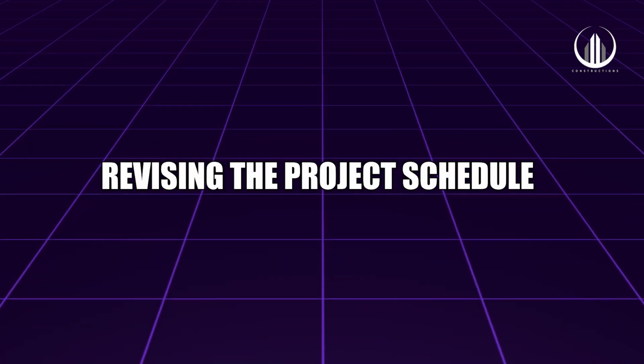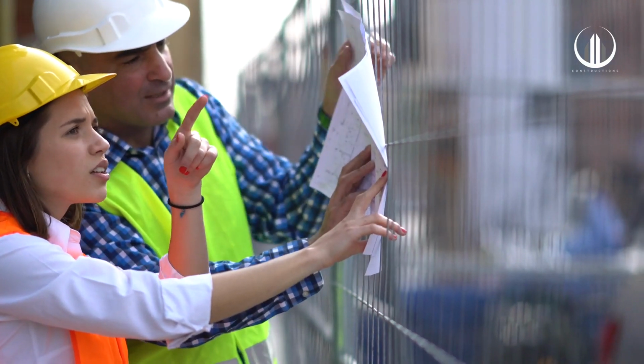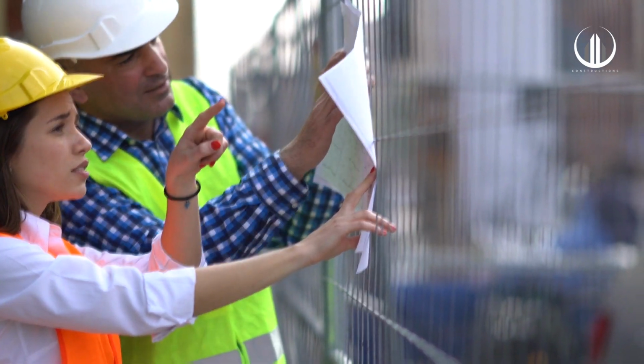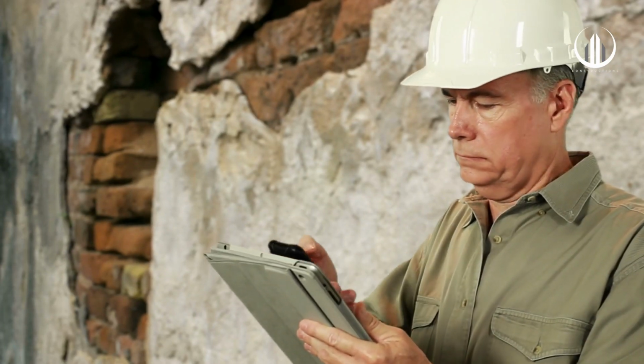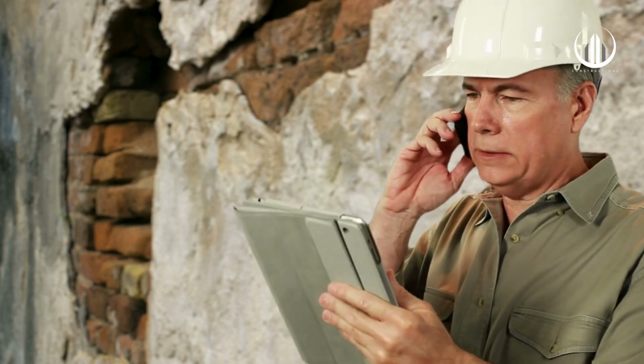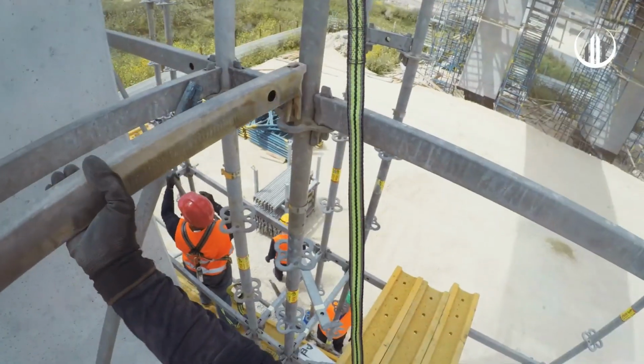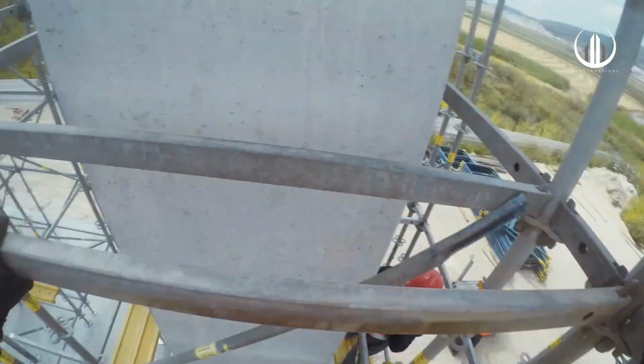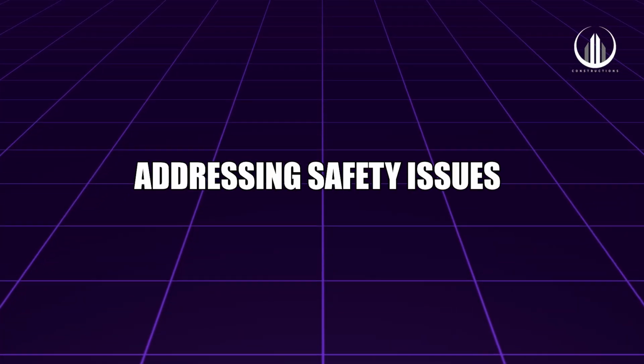Revising the project schedule. If a schedule risk materializes, e.g., delay in material supply, the project manager may need to revise the timeline, reassign tasks, or add overtime shifts to compensate. Addressing safety issues.